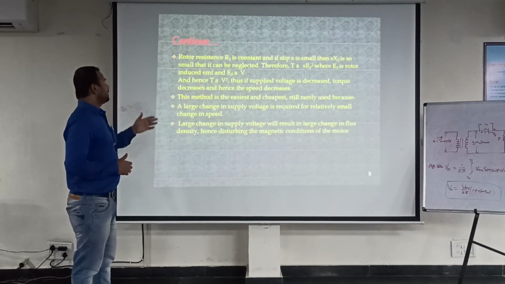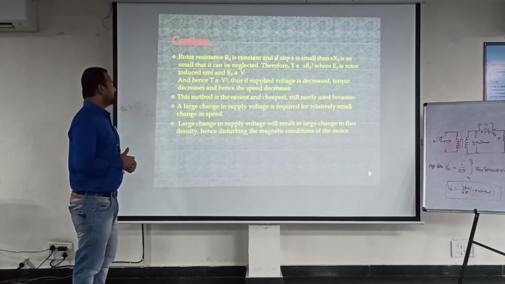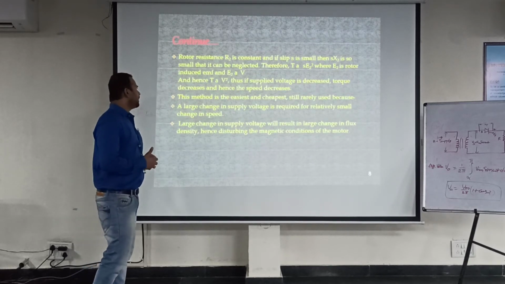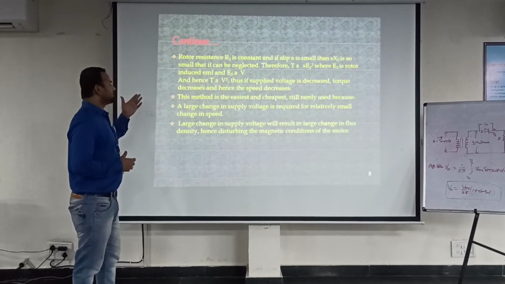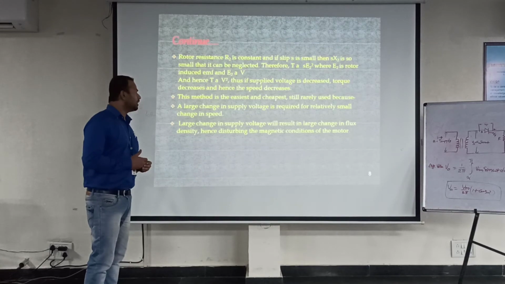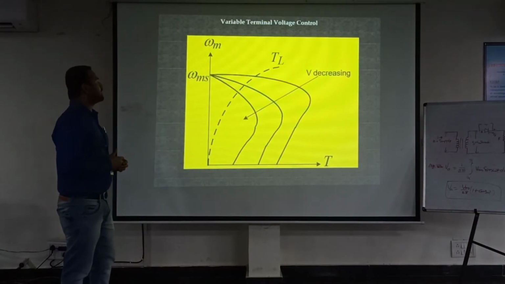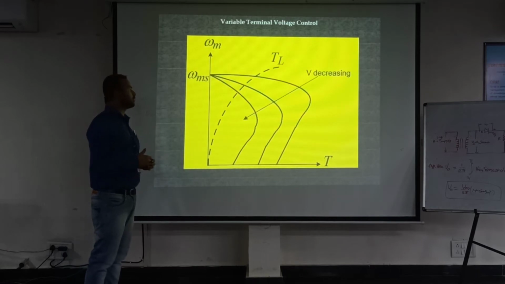Here the rotor resistance parameter R2 and voltage parameter E2 are shown. This voltage control method is one of the cheapest and easiest methods to control the induction motor. These are the characteristics of stator voltage control.